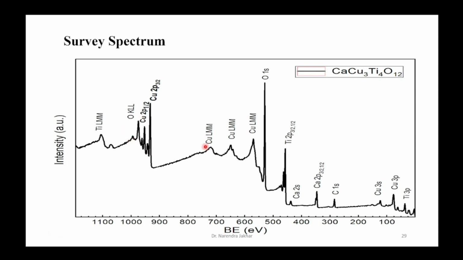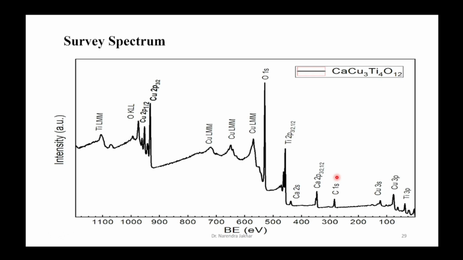One question you can ask is where this carbon comes from in your sample, because you don't have any carbon in the sample. This carbon comes from surface contamination. When I put my sample from ambient conditions into the ultra high vacuum of the XPS system, it comes into contact with the ambient atmospheric conditions, and a layer of carbon or oxides is there on my sample surface.